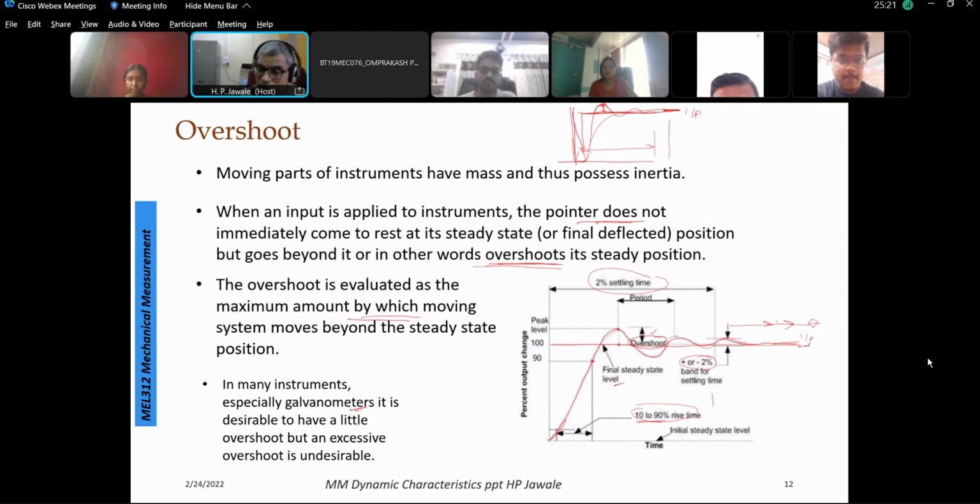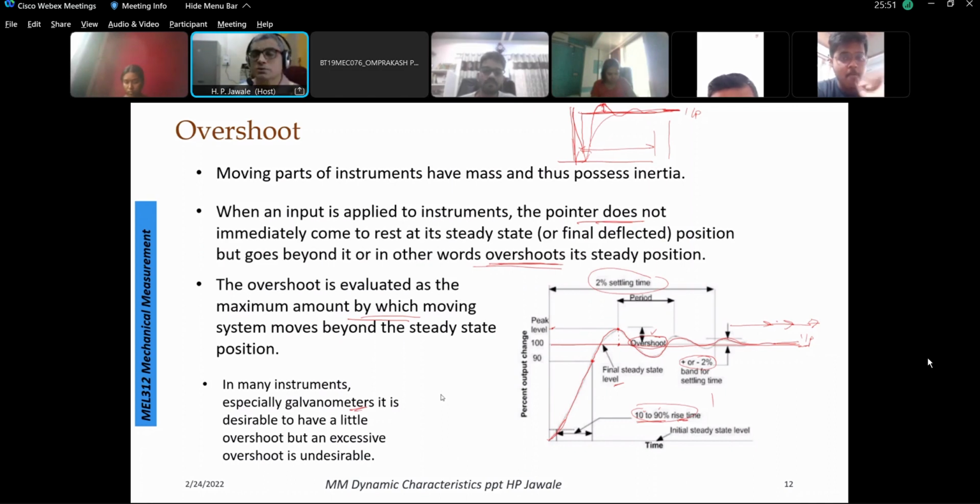That is considered a definition or term called the rise time, for rising the output from 10 to 90% of the input supplied, right? And the maximum value at which overshoot is measured, we call the peak value, the peak level. So these are the definitions that you can find in any of the standard texts available.